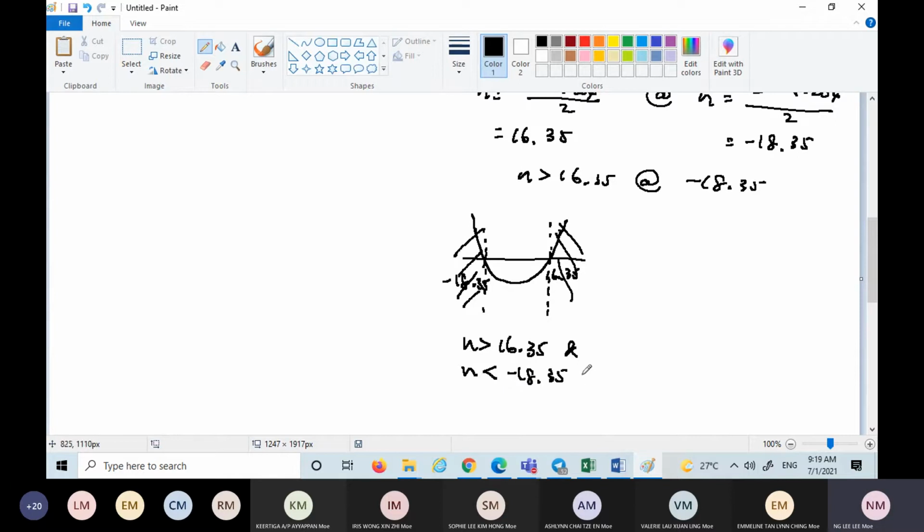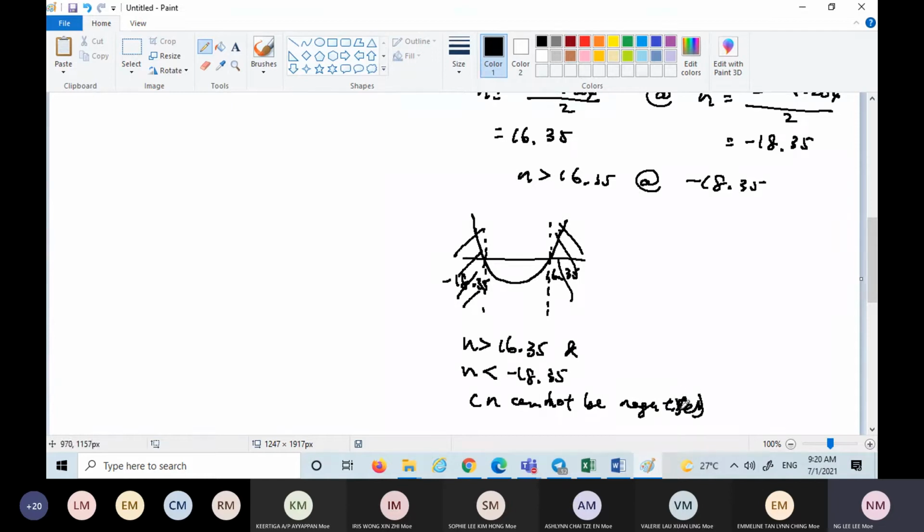Okay, next you only do the conclusions. Because n is the number of terms, n cannot be negative, so you ignore this part. So n is greater than 16.35. So you write n cannot be negative.